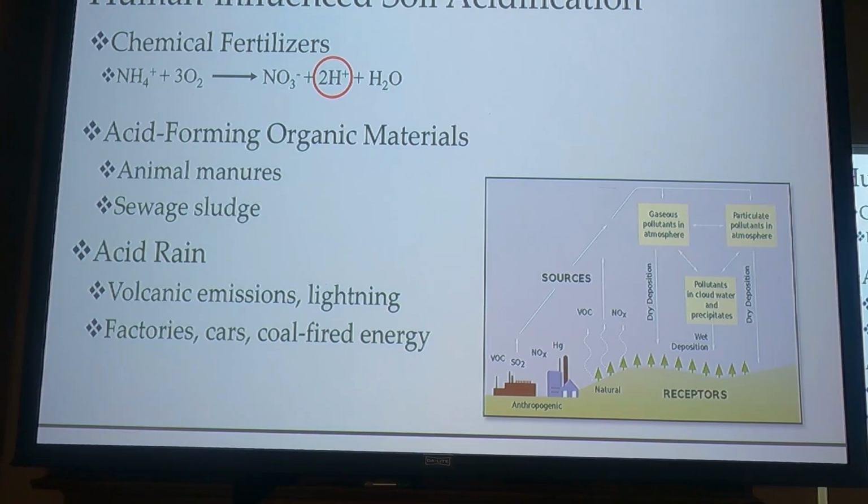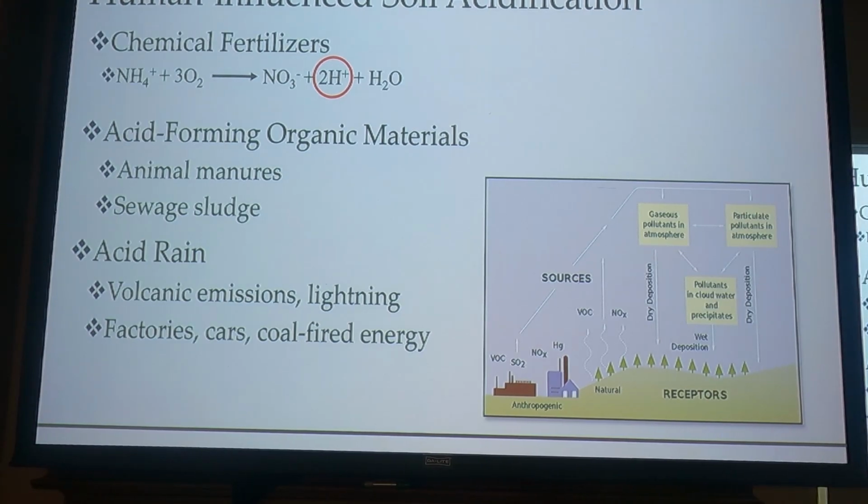And then finally, many of us are familiar with acid rain from factories or cars, sulfur and sulfur oxides being added into the atmosphere. We're having a problem with this though.